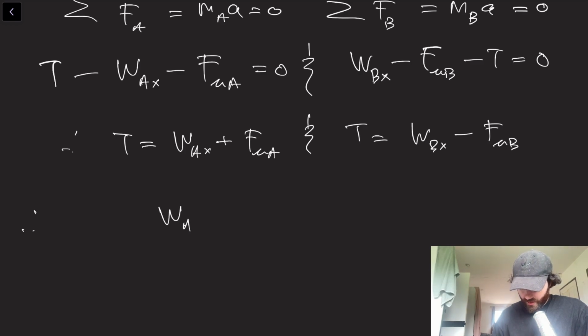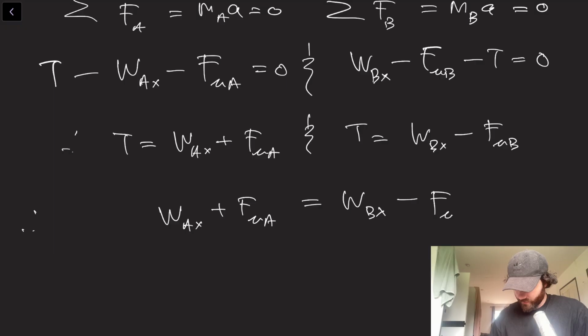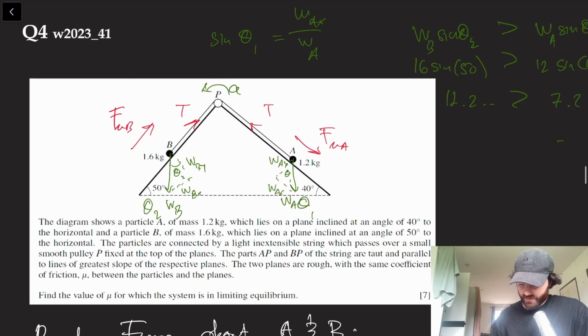We get WAX, because the tension is the same, equals WBX minus F mu B. Okay, we know these things.